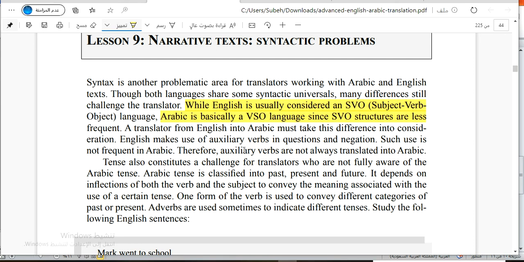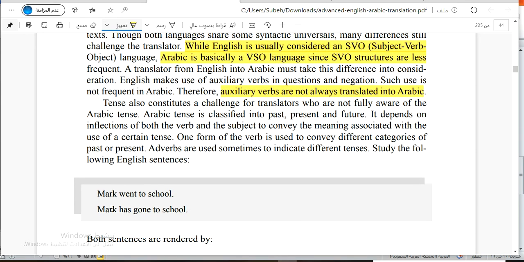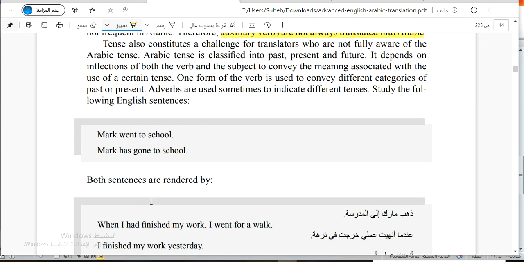And be careful that auxiliary verbs are not always translated into Arabic. For example, if we look at these two sentences. Mark went to the school. Mark has gone to school. Each sentence has a specific tense.